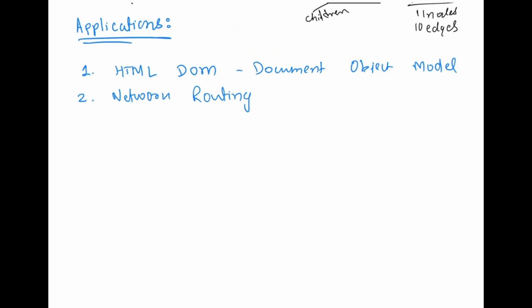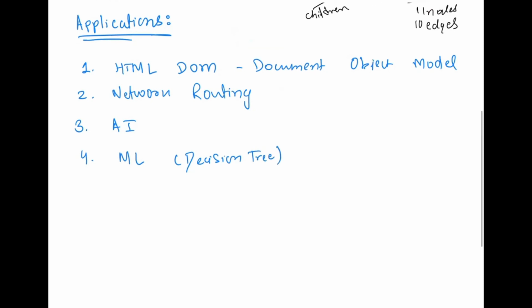To list a couple more, AI, artificial intelligence, and ML, machine learning. Precisely in machine learning, recently I was going across the decision tree. It is a very efficient algorithm for machine learning, at least at the fundamental stages.